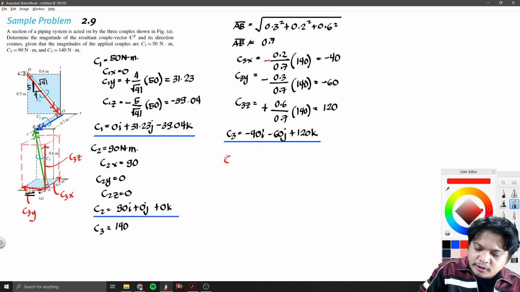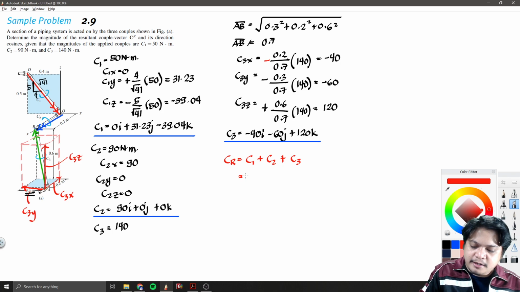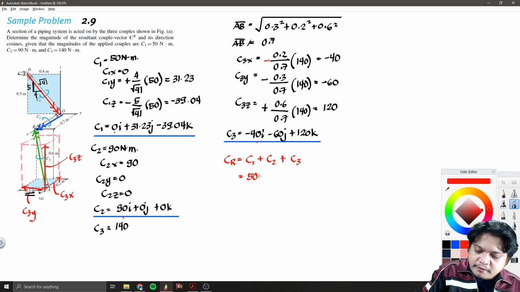Okay? So yung aking resultant, that is just equals to C1 plus C2 plus C3. So I will be having here yung C1, 0, 90, and then 40. So you will be having here 50i. And then 31.23 plus 0 minus 60.